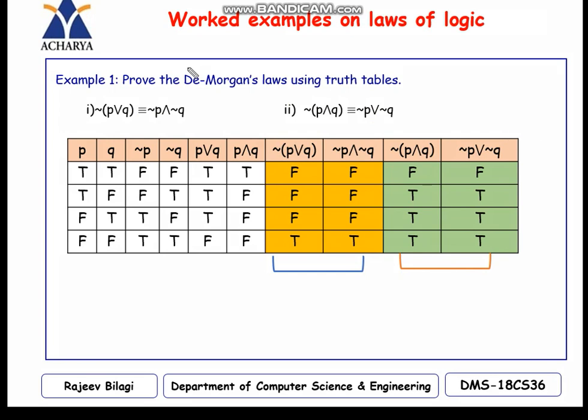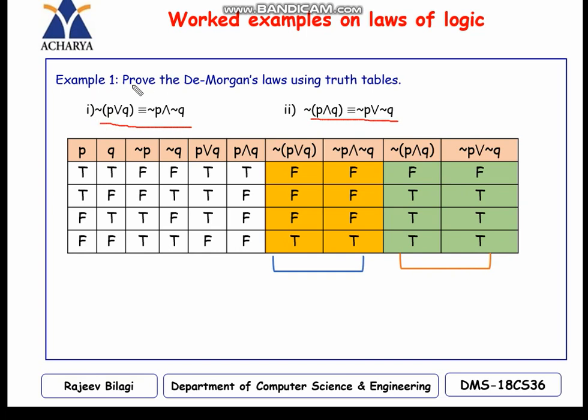The first one says negation of P or Q is logically equivalent to negation of P and negation of Q. Second one, negation of P and Q is logically equivalent to negation of P or negation of Q.